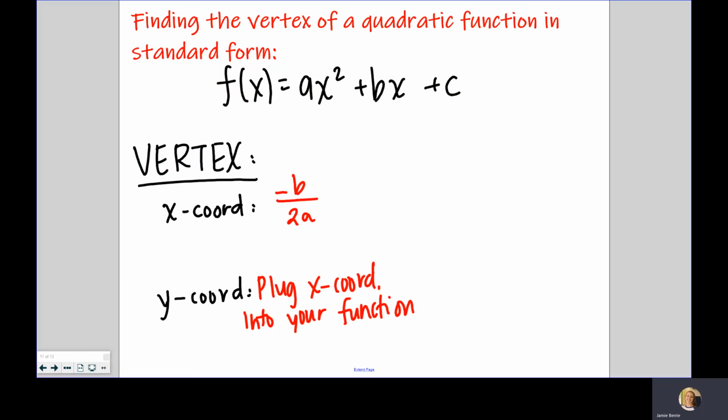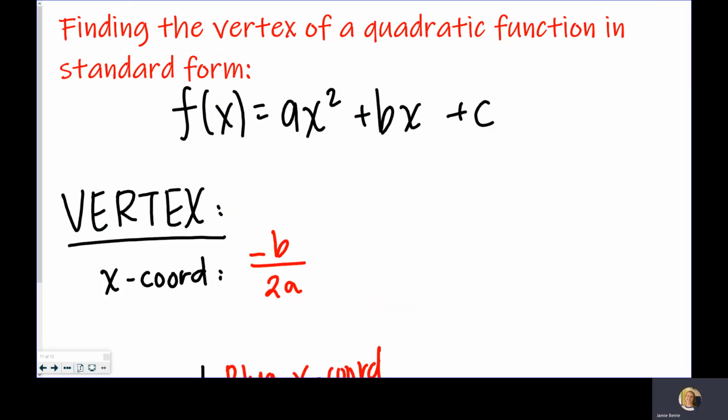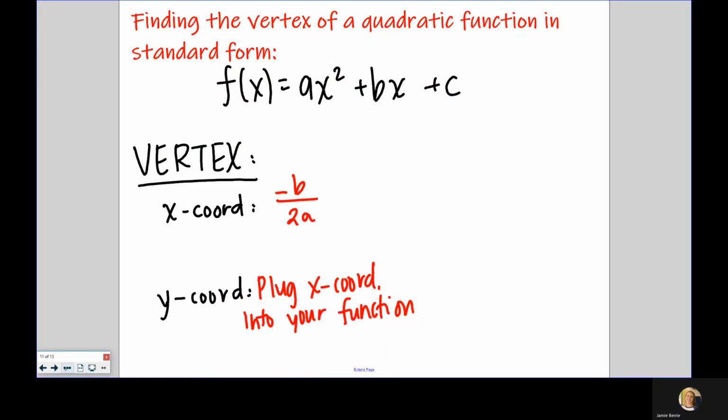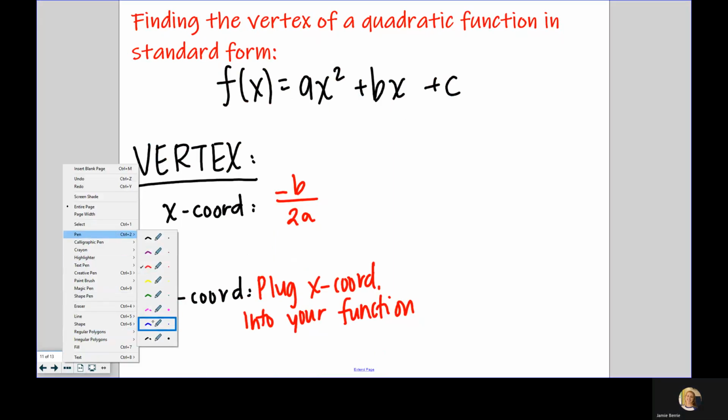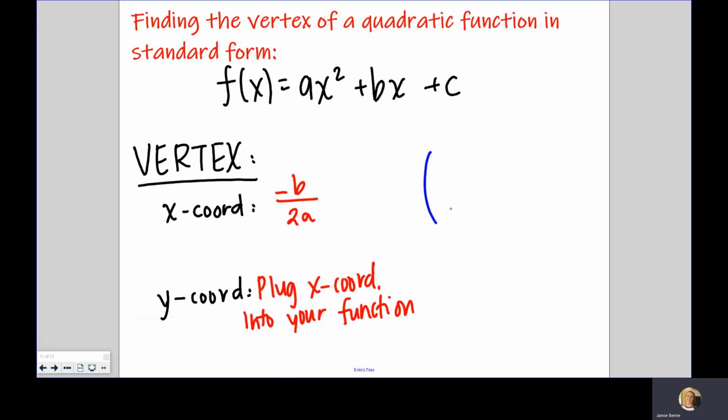To find the y coordinate, all you got to do is plug that x coordinate that you just found into your function. Now, the formal way of writing the vertex looks like this. Use a different color. This is the formal way to write the vertex when you are in standard form.